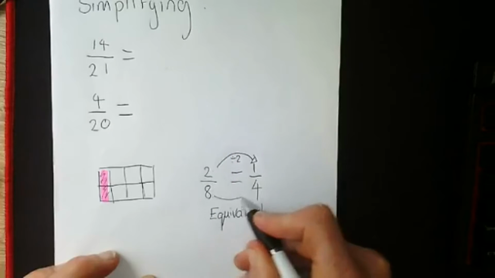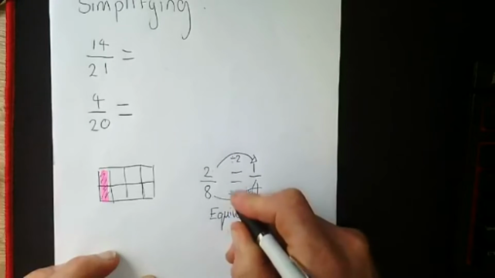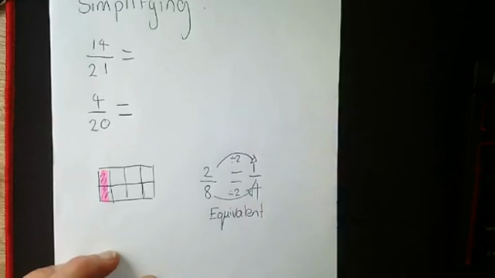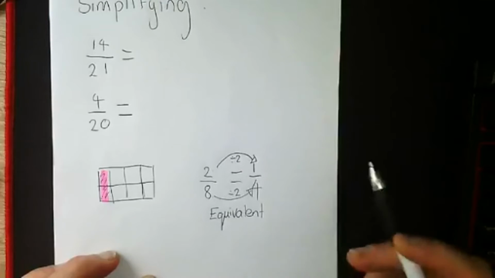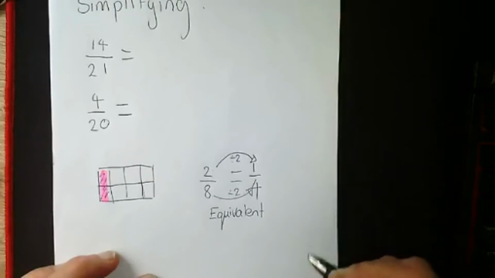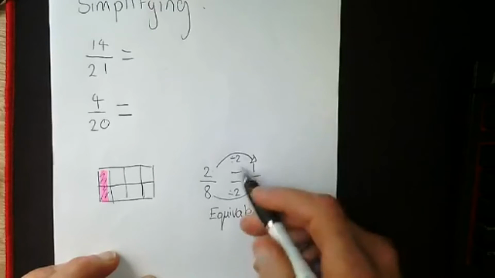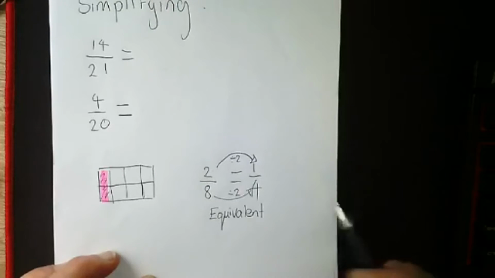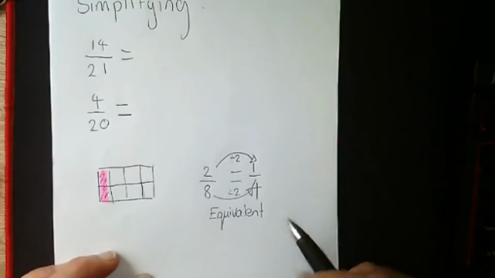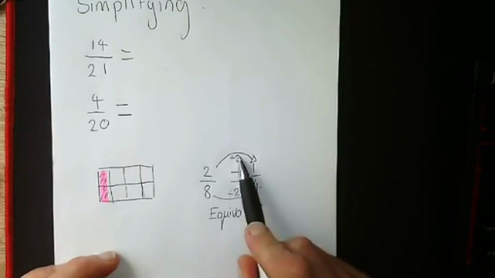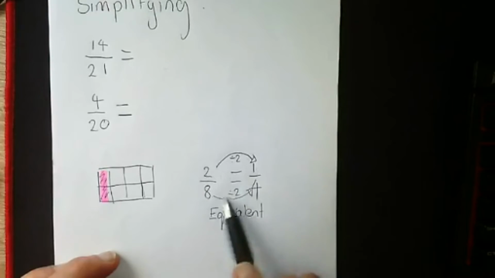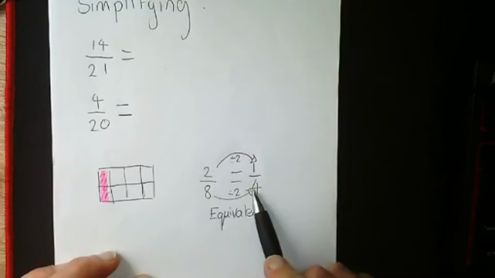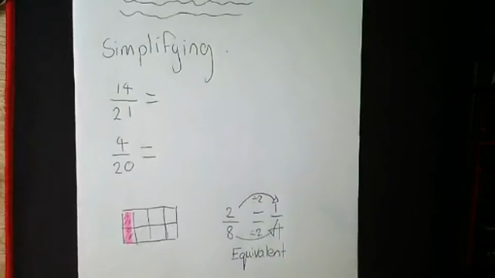And this number here, we've also divided by 2. The one thing you've got to remember is the number you divide by has to be the same for numerator and denominator. If that is different, then that's where an error takes place. As long as you keep that number the same for both the numerator and the denominator when simplifying, you can't go wrong.